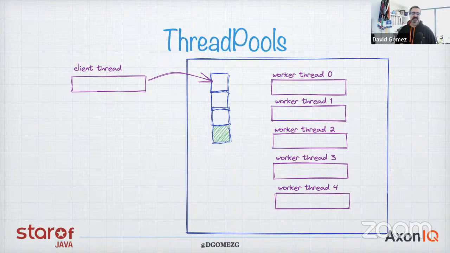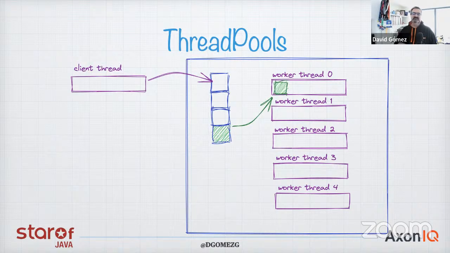So basically, our task is added to the queue, and the worker threads are not directly computing or solving the task that we are submitting. The job that our worker threads do is to check if there's any task pending to be done in the queue, and they get it.